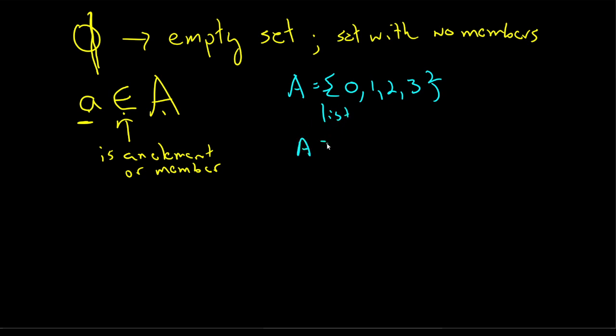Or I could also say A is the set of x, where x is a member of the integers, and I put a rule. And so this rule of inequality will generate the same list.